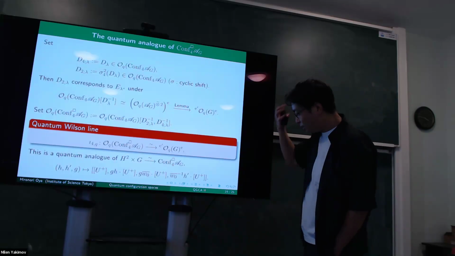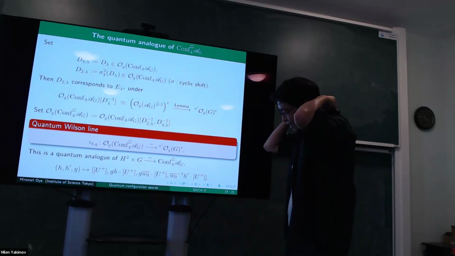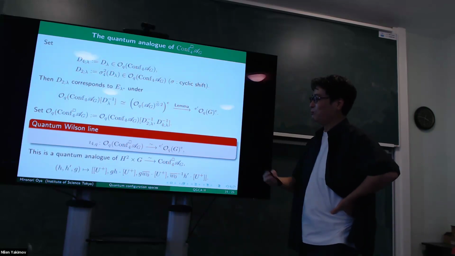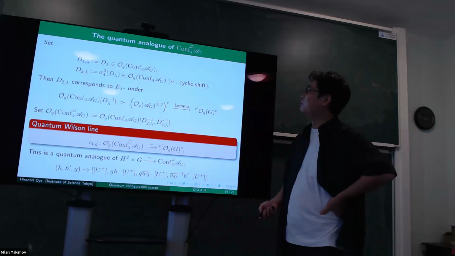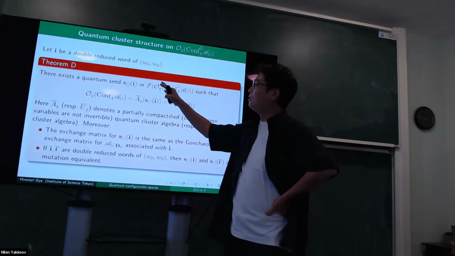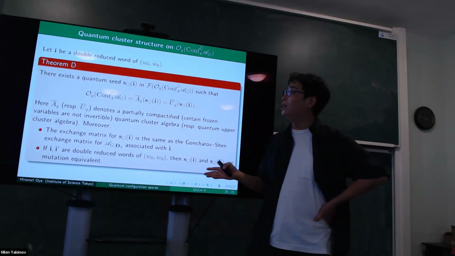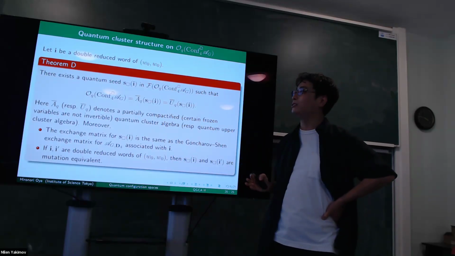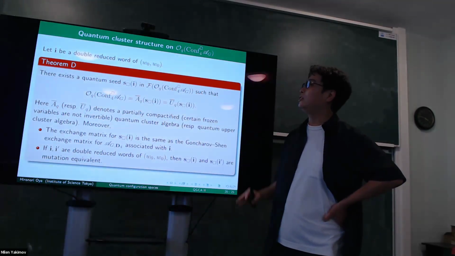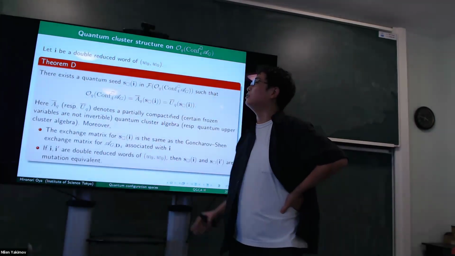Okay, as the last part of my talk, let me explain some cluster algebra. Because the title of this conference is quantum groups and quantum algebras, I explained the quantum group part, and next let me go on to the last part. This partially generic quantum configuration space has a cluster algebra structure. If we take the double reduced word of W0W0, then we can construct a quantum seed associated with this reduced word.